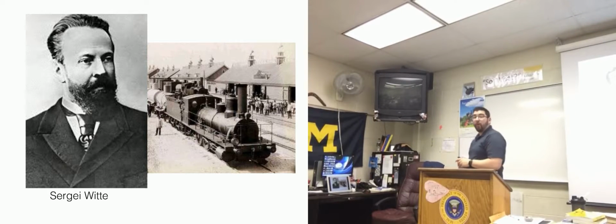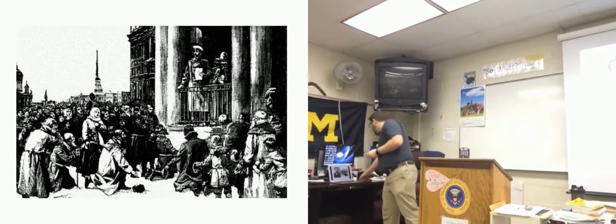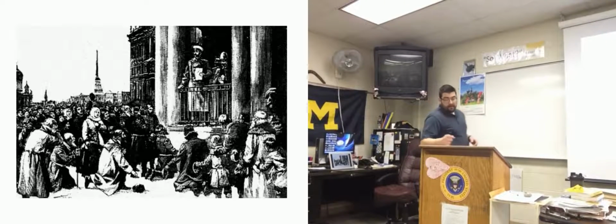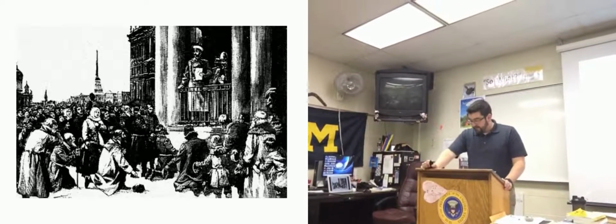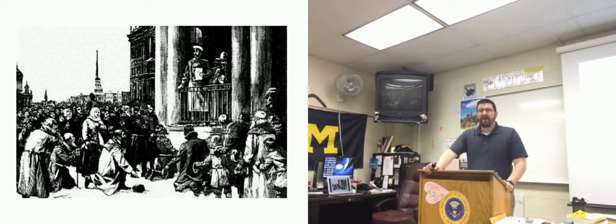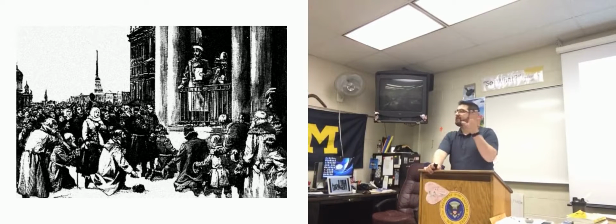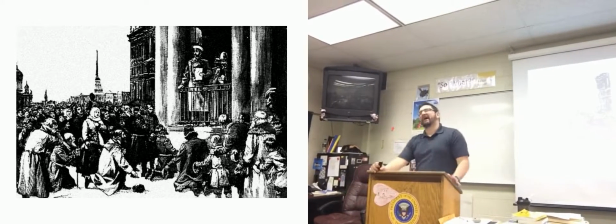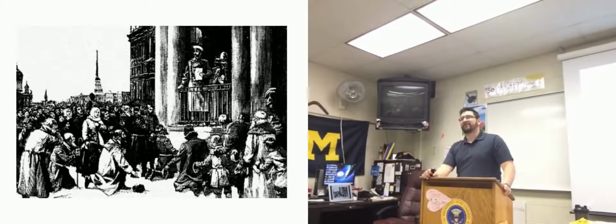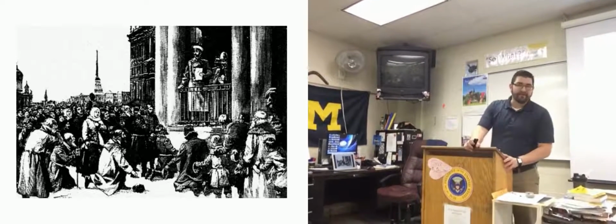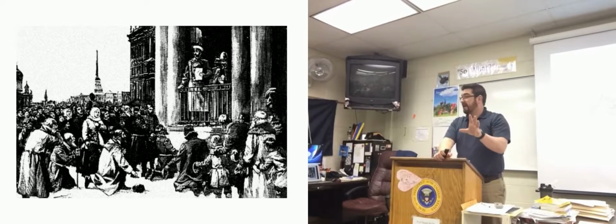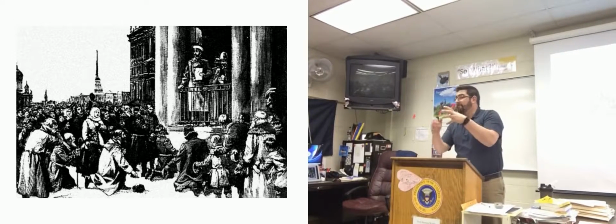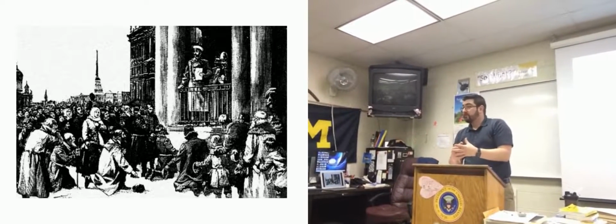In 1861, Russia will emancipate their serfs. The serf in Russia was akin to the slave in the United States, where serfs were literally tied to their, not literally tied to their land, I'm improperly using the word literally. They were figuratively tied to their land. They were owned, essentially, by landowners, right?